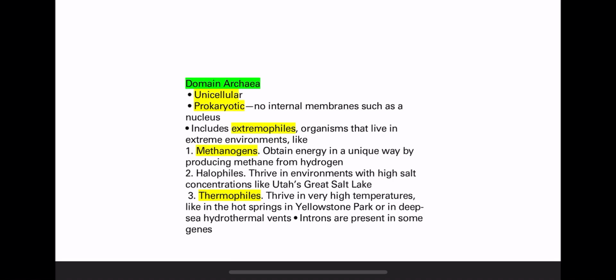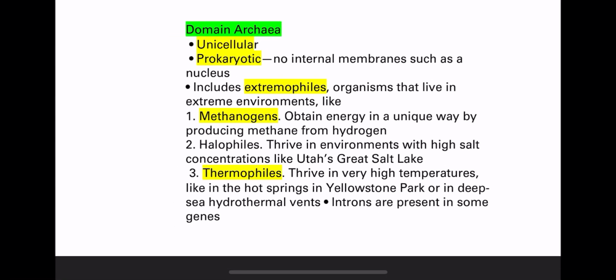After that, domain archaea. Archaea are unicellular. They are prokaryotes. Most of them are extremophiles. What's the meaning of extremophiles? From the word extreme, they can live in extreme environments. How can the environment be extreme?